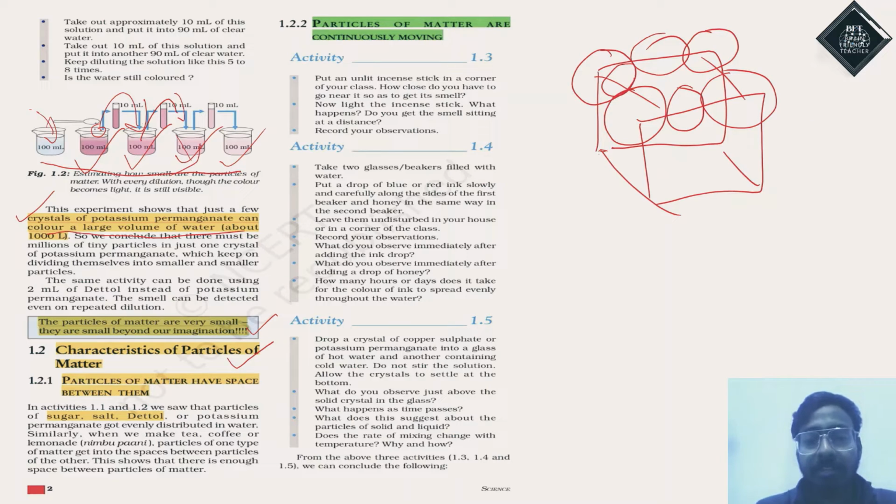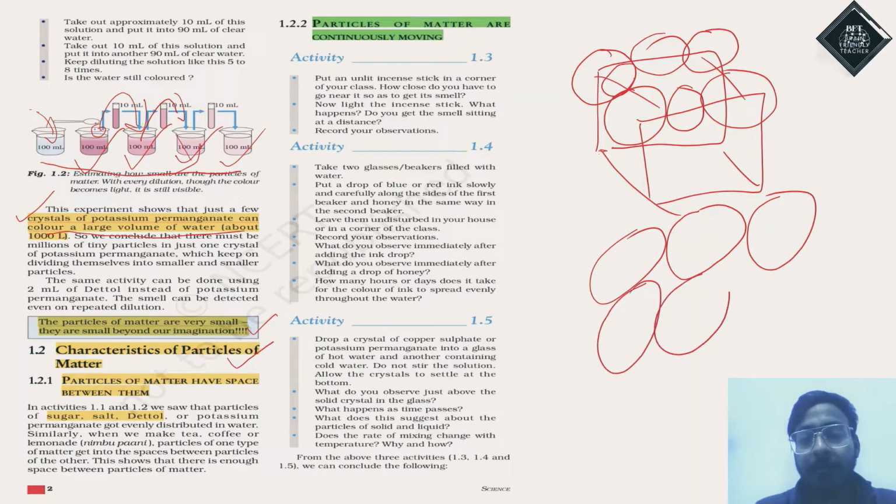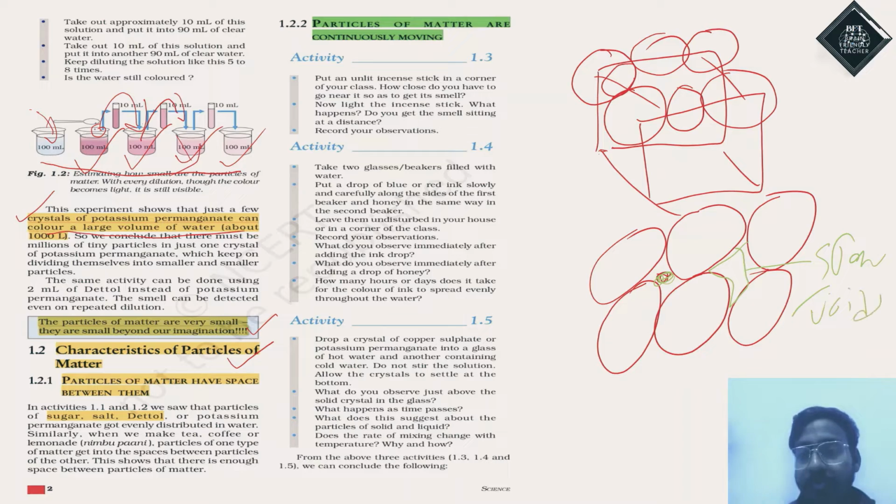Here is a single layer of the particles in matter. You can see here the particles have space between them. Here in green color you can see the space. These are also known as voids. So this is a particle and this is the void between them. So we can conclude that particles have space between them.